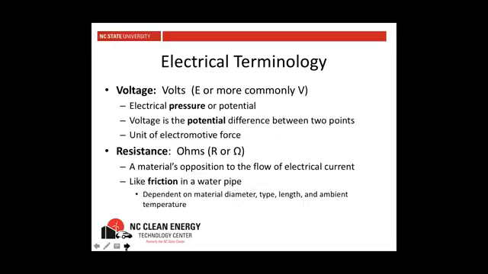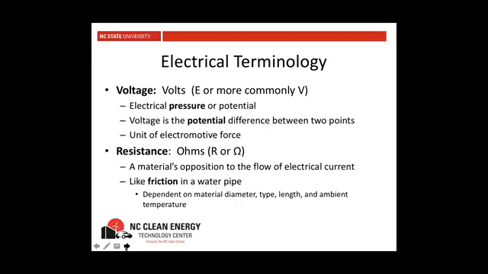All right, voltage is pressure or potential, and it's usually defined as the potential difference between 2 points, point A and point B. Current is the flow past 1 point in a conductor or a wire.